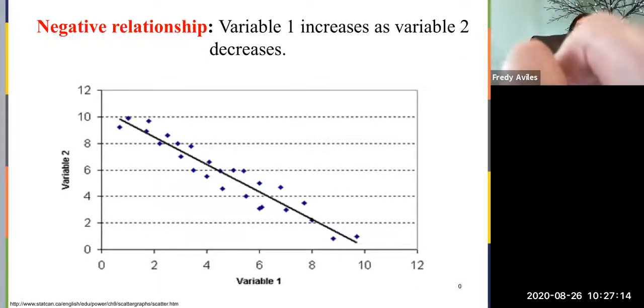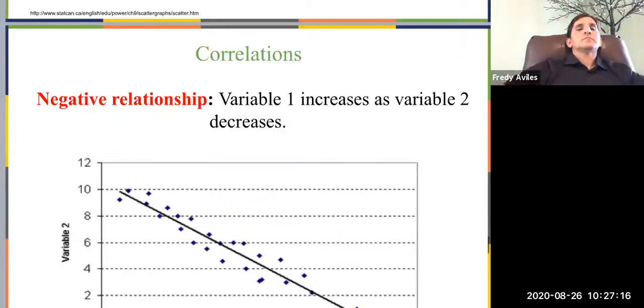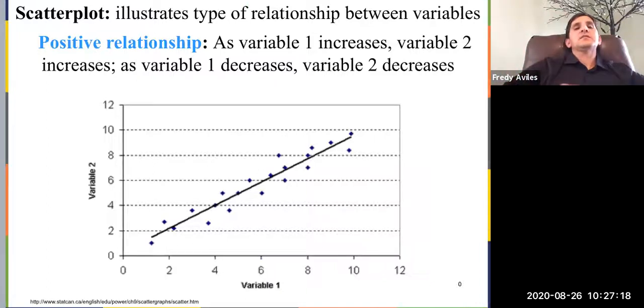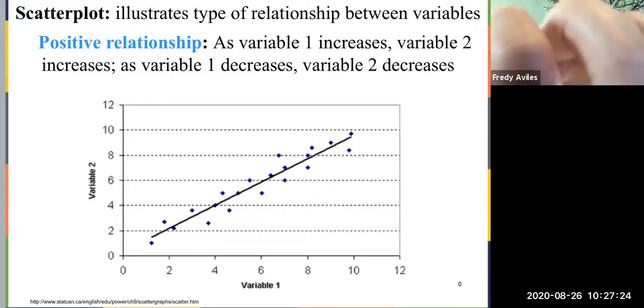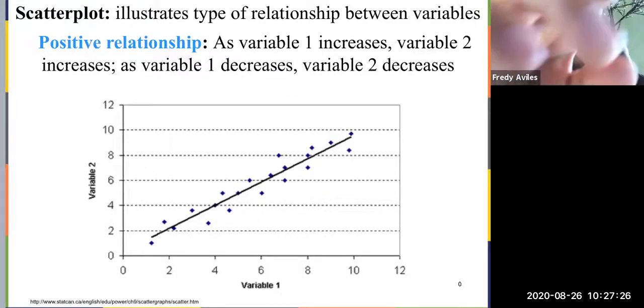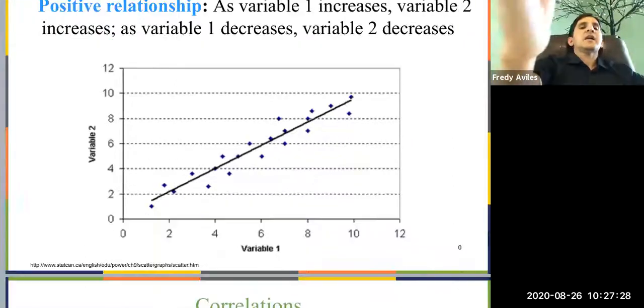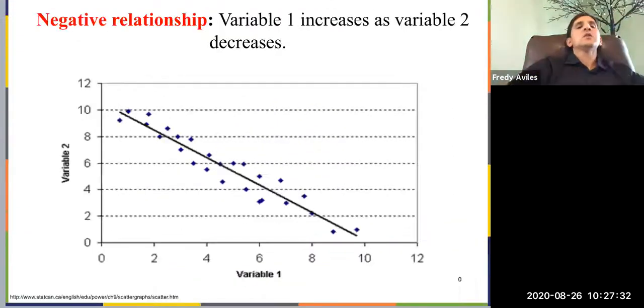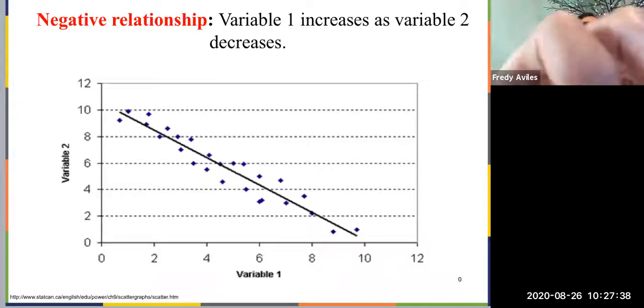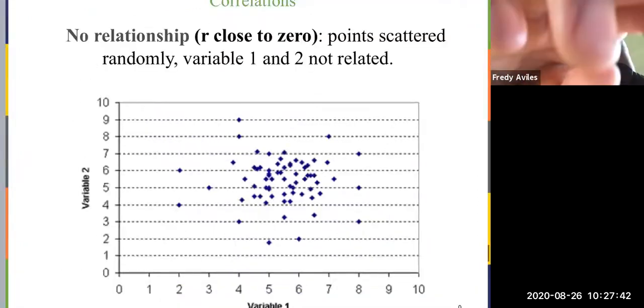With a positive relationship, the more income you have, we can predict that you probably have more cars. So this is really about predicting. If two things are related positively, they usually move in the same direction. With a negative relationship, it's usually in the opposite direction. And with no relationship, if we know one thing, we know nothing about the other.